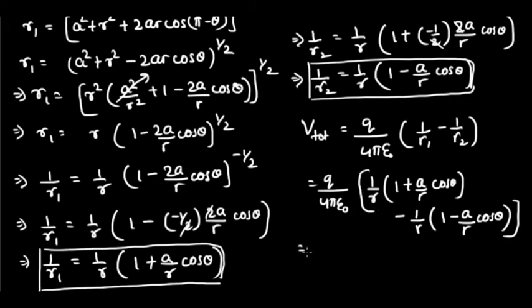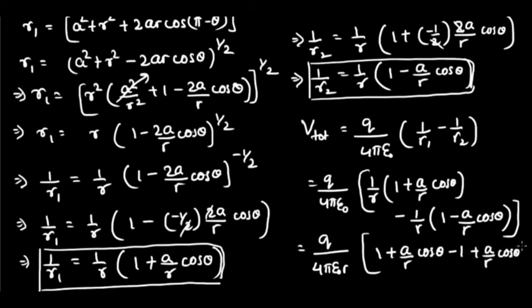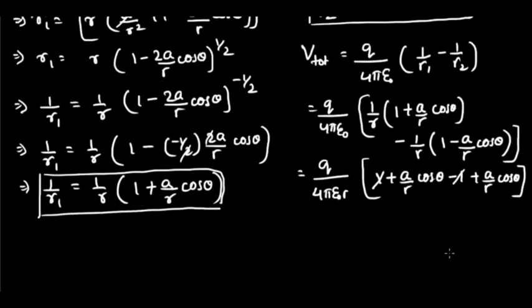So from the bracket you can take 1 by R common. So it will be Q by 4 pi epsilon naught R, and if you open the bracket here you will get 1 plus A by R cos theta, then minus 1 plus A by R cos theta. Is that clear? So plus 1 minus 1 will cancel.